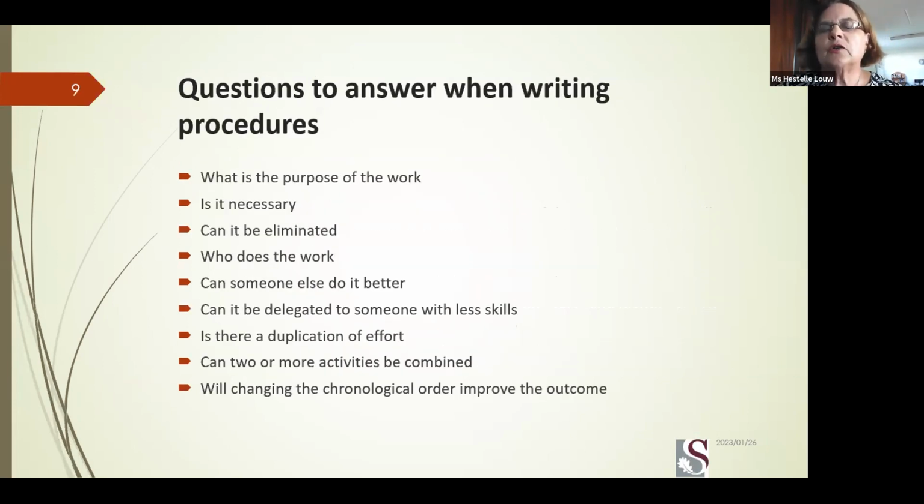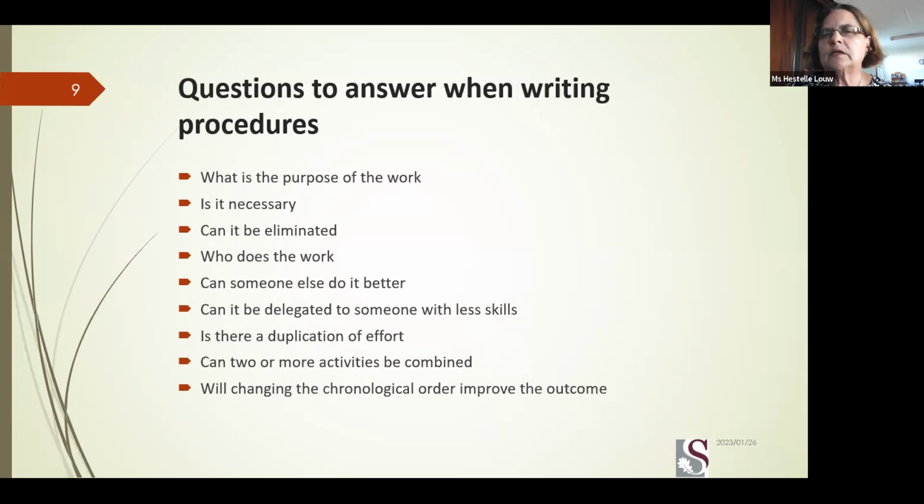Then questions that you have to ask. We have asked questions about the procedure: why do we create this procedure, this SOP, and what do I expect from it? So first you ask, what is the purpose of the work?